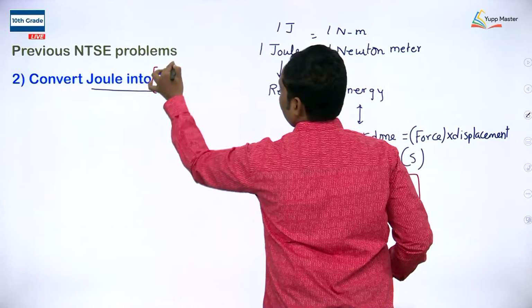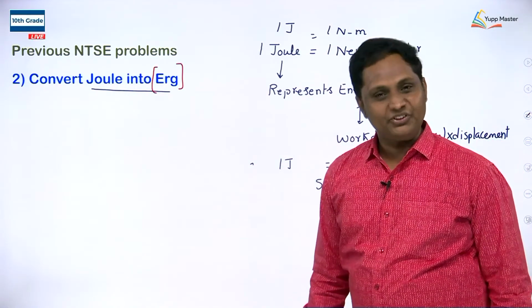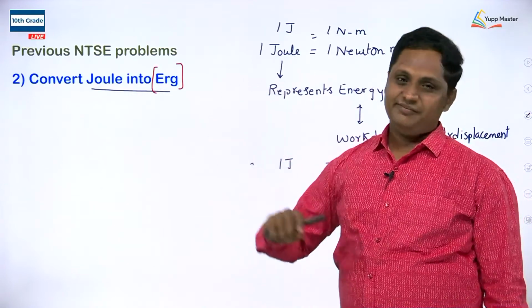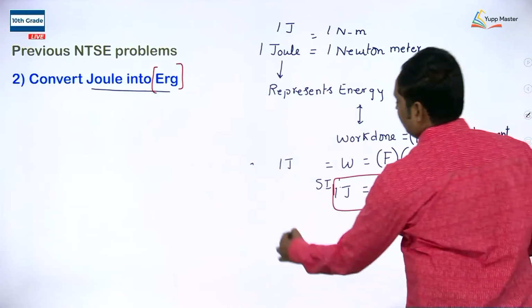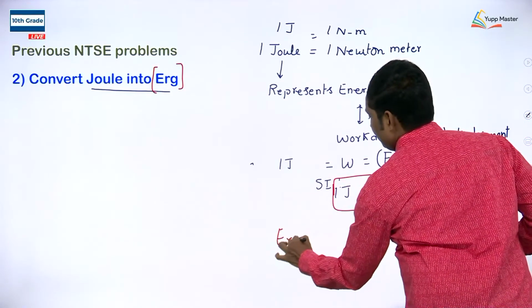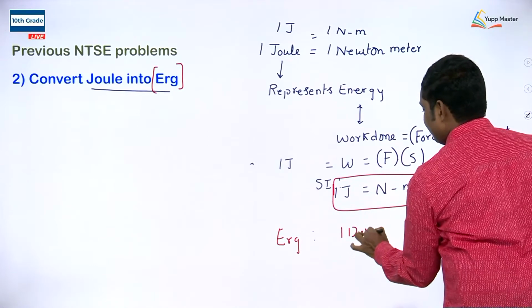The erg is also a derived unit to represent energy. It is going to be 1 dyne centimeter.